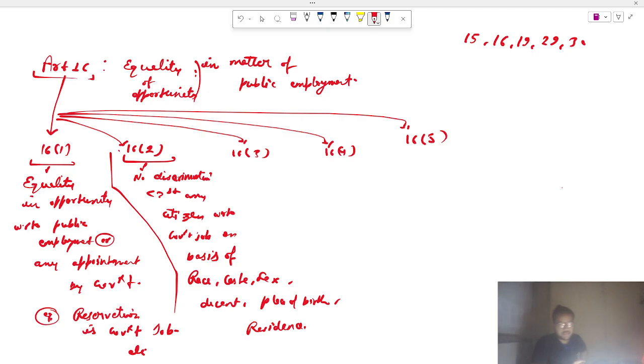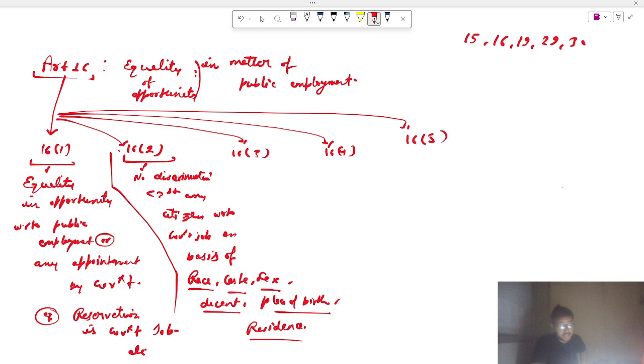Now we have done with Article 16 clause 1. It says the state will ensure equal opportunity to all citizens with respect to public employment and appointment to any office, so basically in the reservation provisions. Article 16 clause 2 says there is no discrimination against any citizen in government jobs on the basis of religion, race, caste, sex, descent, place of birth, residence. These are the only grounds on which the state cannot discriminate.